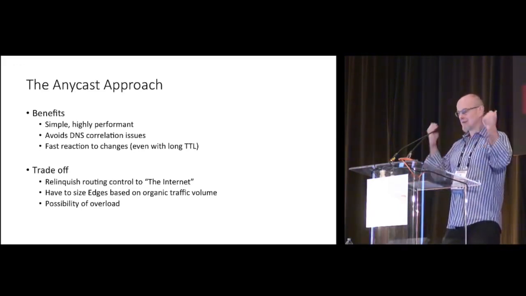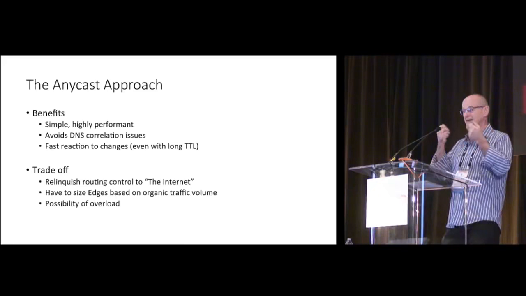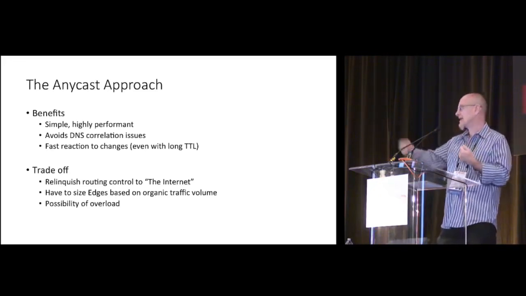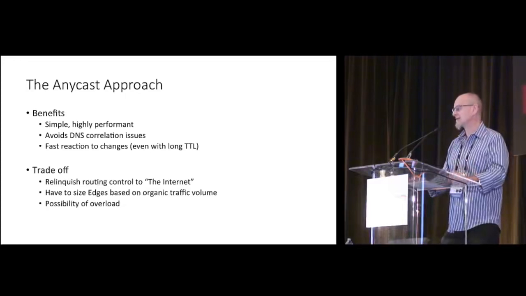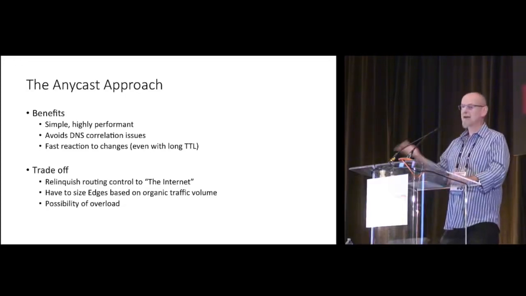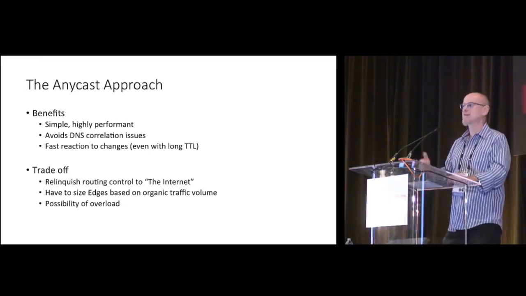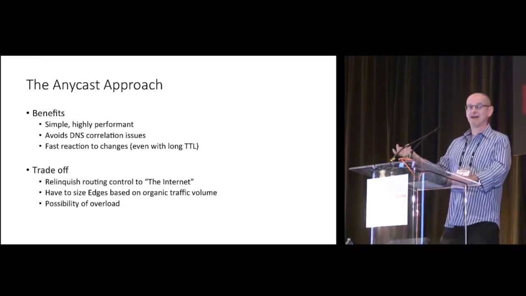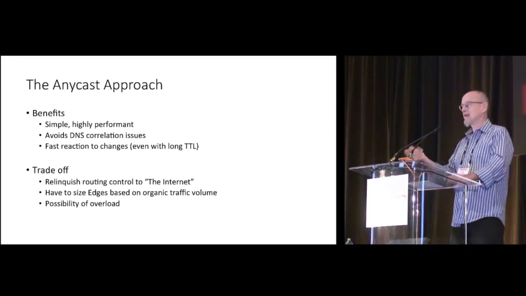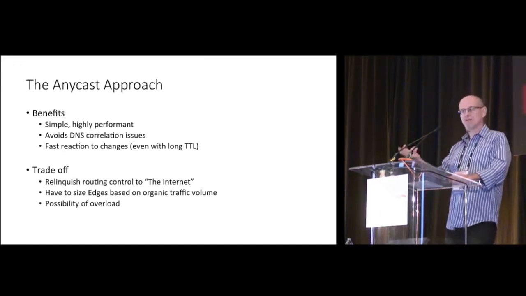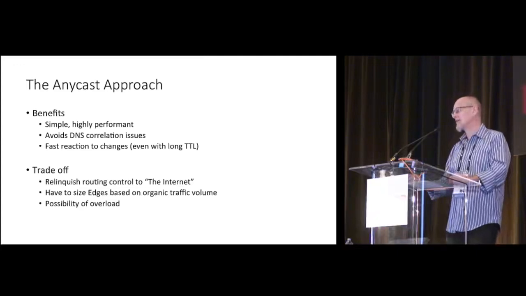So the clients are all getting the same IP address, and then now from the client machine, it is taking the fastest path versus a path that was determined based on what their DNS server was. And it reacts very quickly to changes, even with a long TTL on the DNS answer, because the answer itself is high availability. If a server goes down, it'll go to a different location. We're able to just let the BGP on the internet direct traffic around.